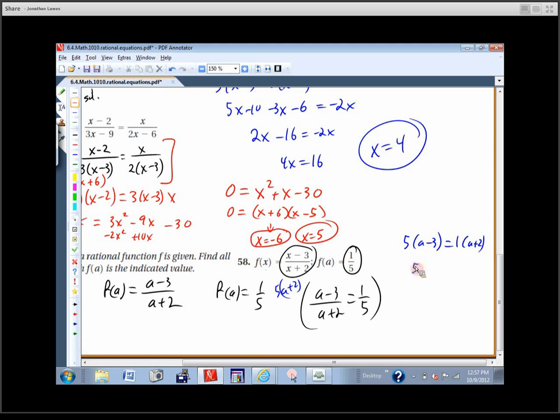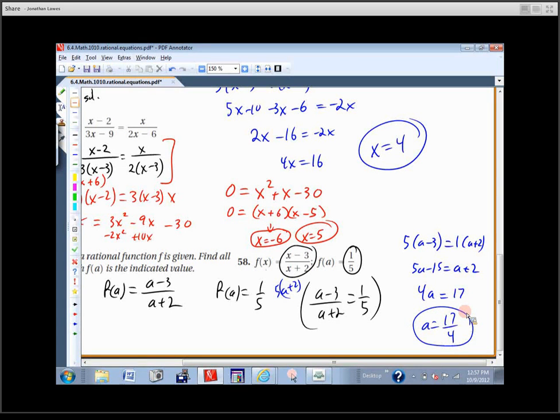So we have 5a minus 15 equals a plus 2. I'm going to get a 4a over here, and this is going to be, correct me if I'm wrong, John, 17. So this is going to be a equals 17/4. Will that work?